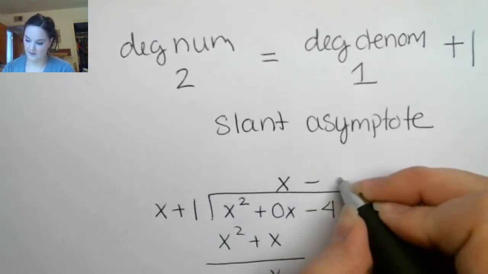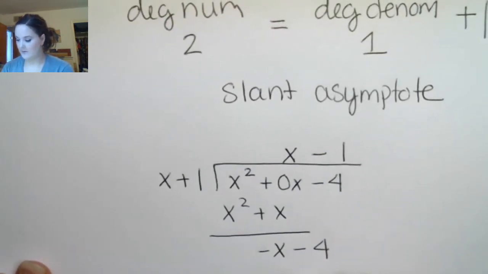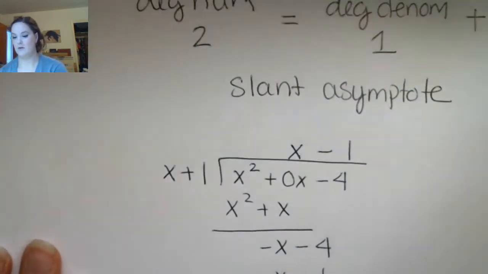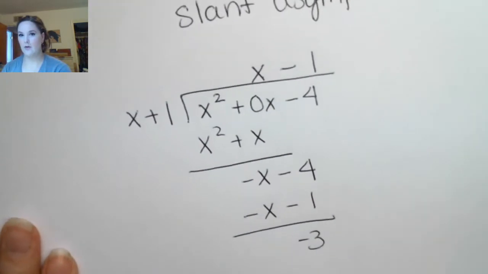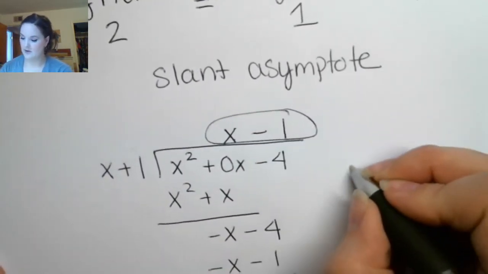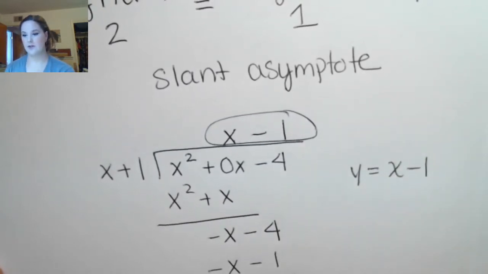So this is going to be -1, and then I would have minus x minus 1. This is -3, which actually is not super important. Now the slant asymptote comes from the quotient here. So we would have y equals x minus 1 as our slant asymptote.